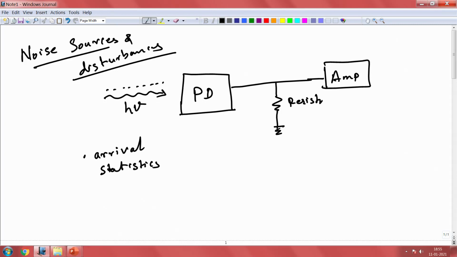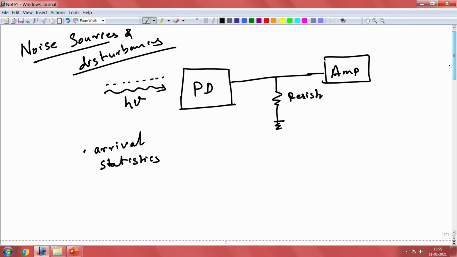The arrival statistics are going to be very different. The next thing could be from the detector itself. The arrival statistics we will discuss shortly; we will just list them out to start with. Then you could have dark current of the photodetector.